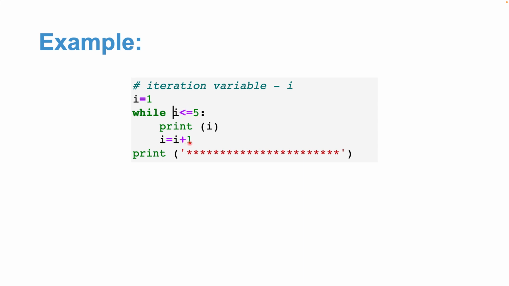But once i turns into 6, that condition becomes false, and then it will print just a set of stars for aesthetics, just to separate the output. So let's see the result of this run. We have 1, 2, 3, 4, 5, the different iterations of this while loop, and then it will exit the while loop and print the last set of strings.